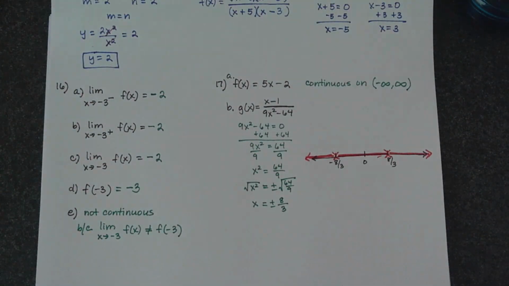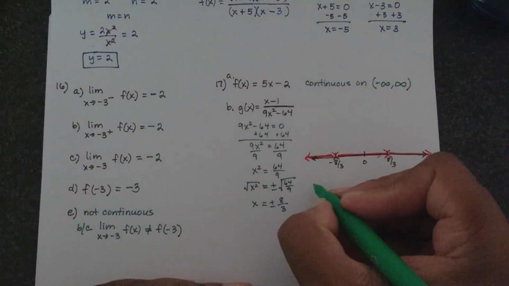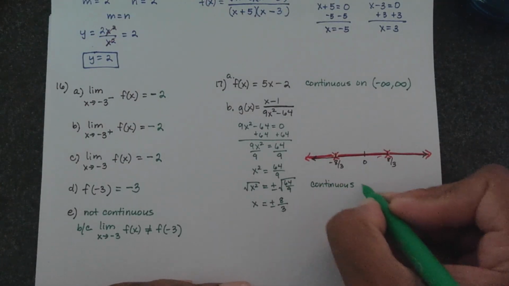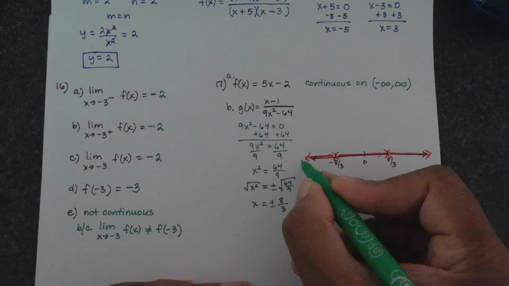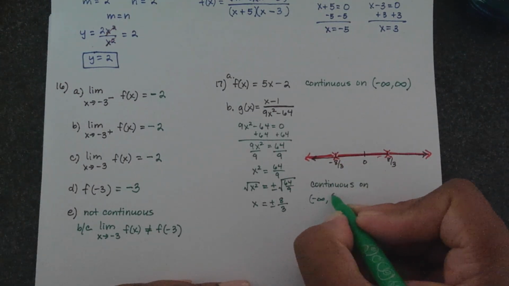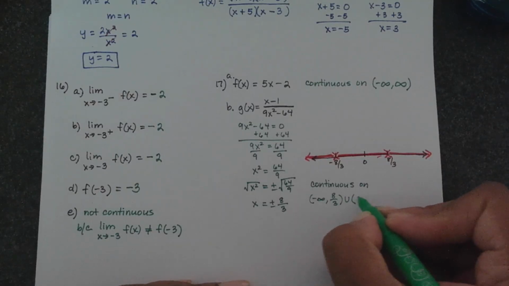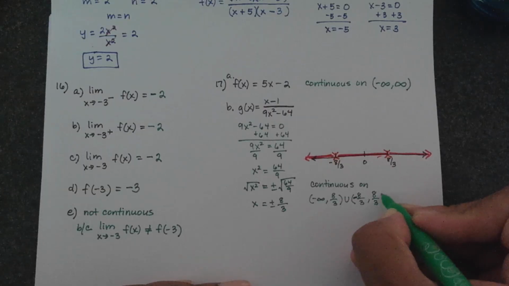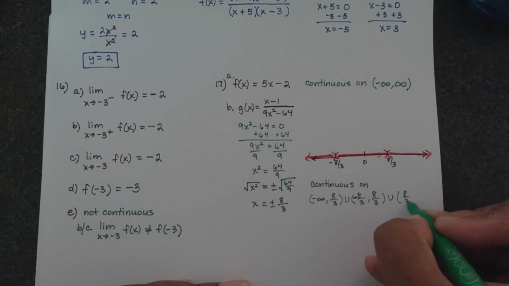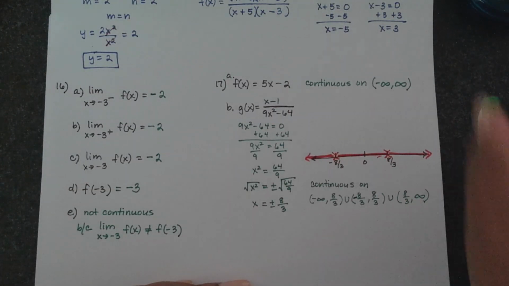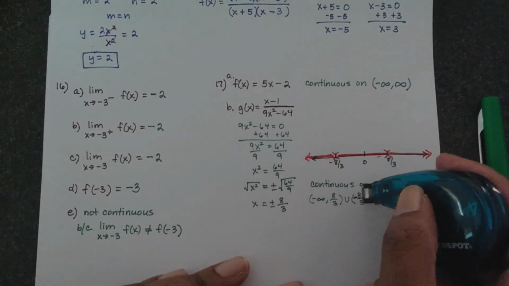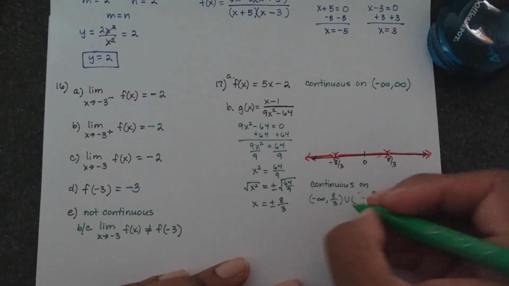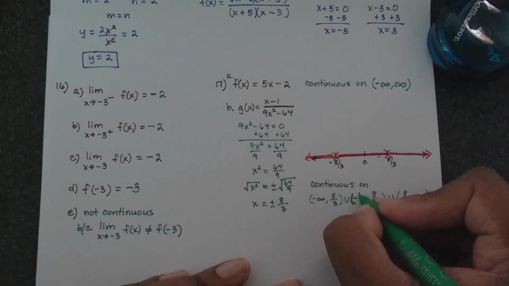So this function, g of x, is continuous on the interval from -infinity to -8/3, and then from -8/3 to 8/3, and then finally from 8/3 on to infinity.